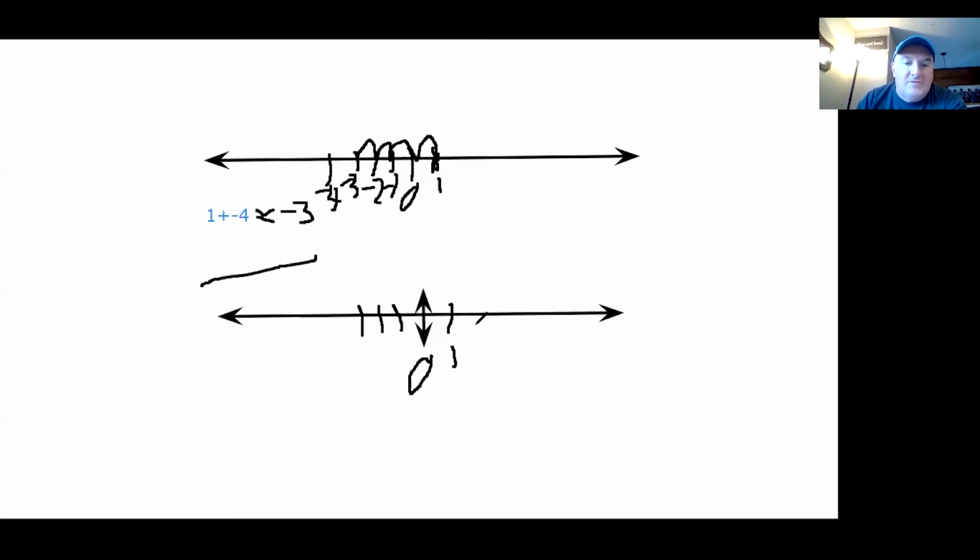And so we go over like we have here. We go 1, 2, 3, 4. We went over 4 spots. 4 is the dominant number between 1 and 4. So between 1 and negative 4, the dominant number is going to be negative 4. So the number is going to end up being negative. So the dominant sign is going to be negative between the two. All right, let's clear that out.